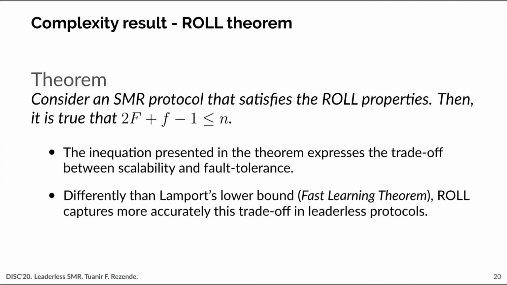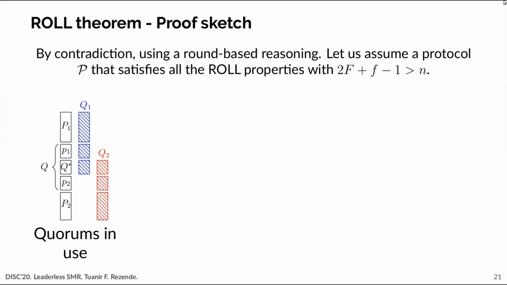And it's an interesting theorem because it differs a bit from Lamport's lower bound, the fast learning theorem, in the sense that our theorem can capture and describe more accurately this trade-off in leaderless protocols. For example, the fast learning theorem doesn't explain properly Epaxos, one of the most famous leaderless SMR protocols.